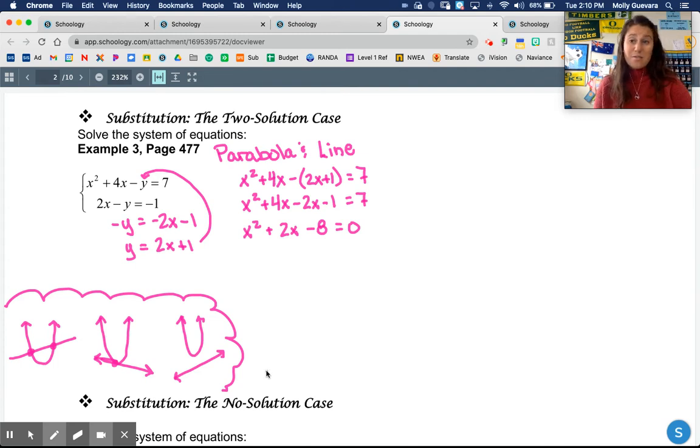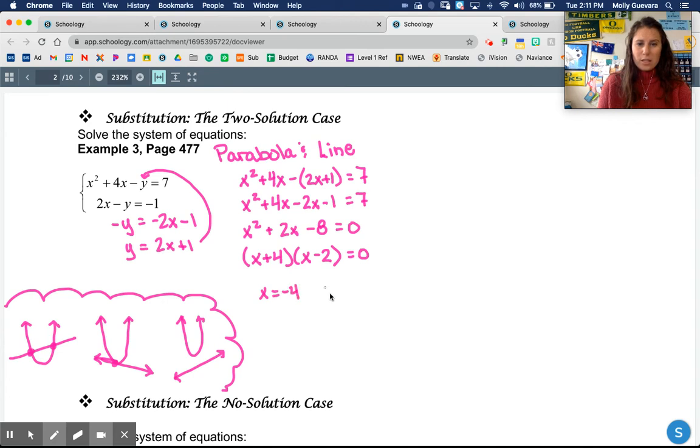Luckily for me, this is factorable, so I don't have to use the quadratic formula. I can just factor it, two numbers that multiply to negative 8 and add to 2. It gets me a positive 4 and a negative 2. So I have x is equal to negative 4 and x is equal to 2.